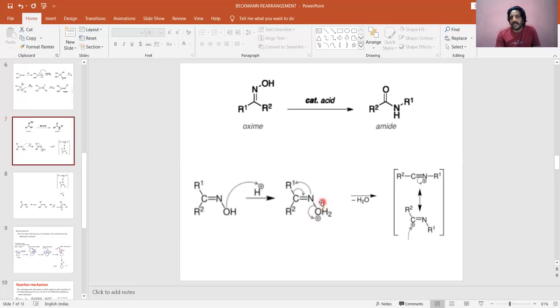This OH2 will have a tendency to go out as water. That makes the nitrogen electron deficient. So now the group which is anti to the OH in the earlier structure will be migrating. This is the Beckmann rearrangement. Rearrangement means atoms or groups are getting rearranged from one position to another. So R1 from the C is getting rearranged to nitrogen.